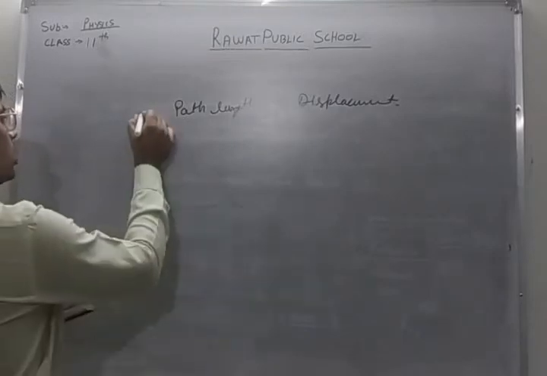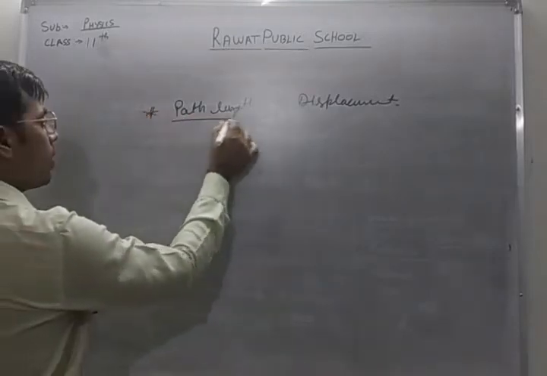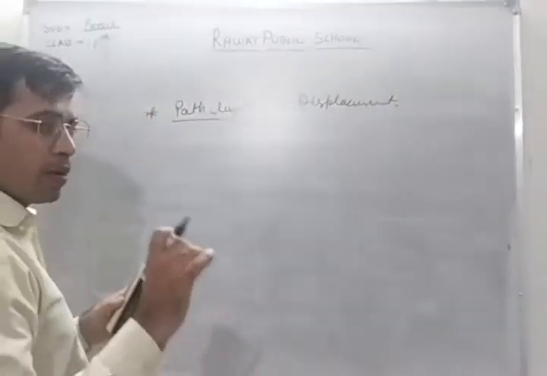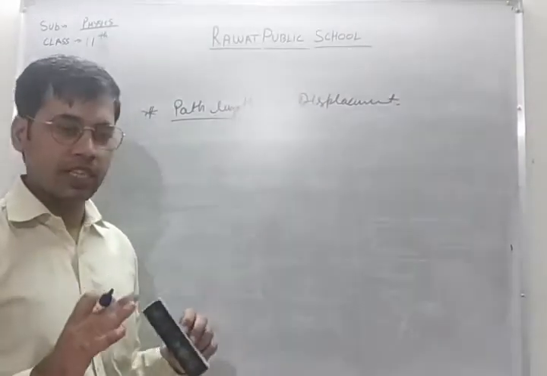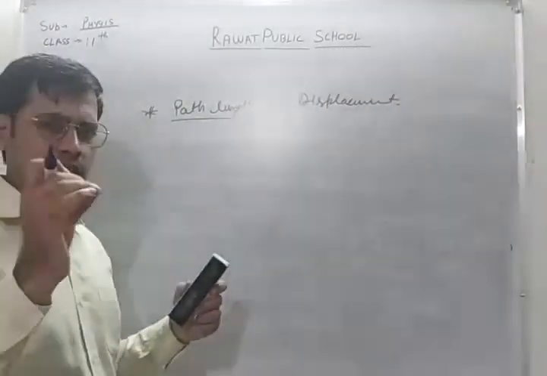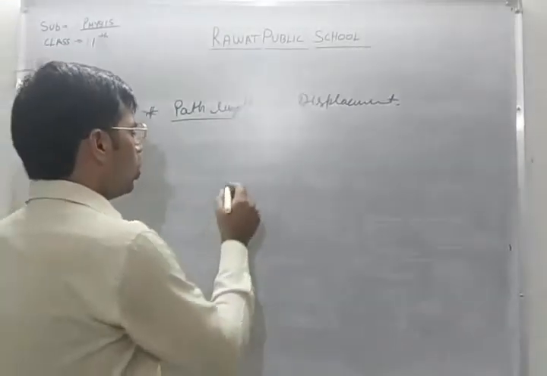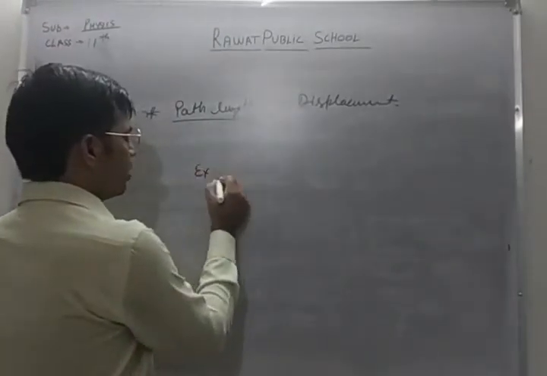Now the path length is the actual path traveled by the object in a given specific time. So let us understand it with an example.